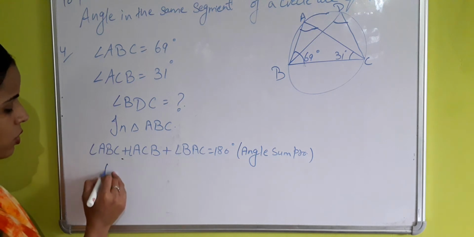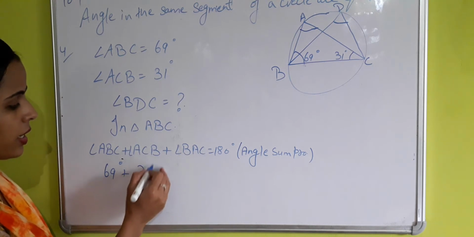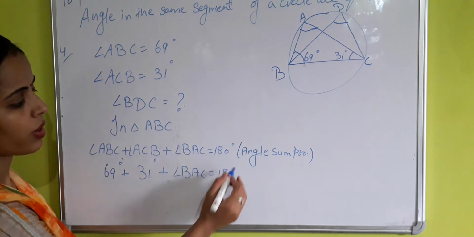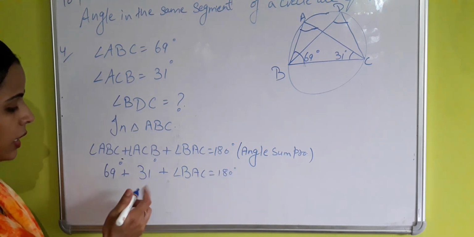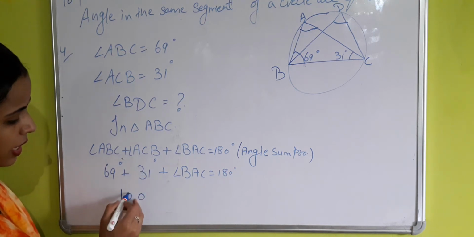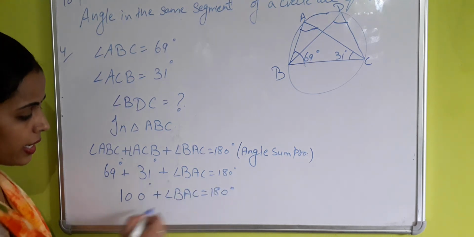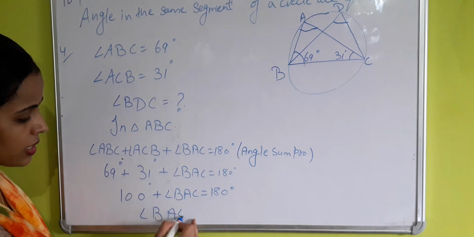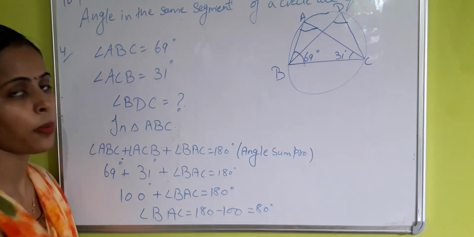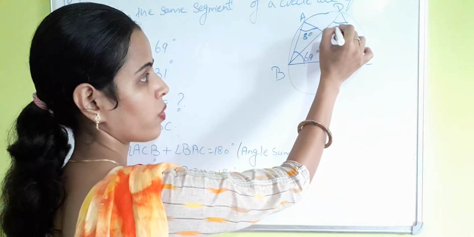Angle B is 69 degrees and angle ACB is 31 degrees, plus angle BAC is equal to 180 degrees. 9 plus 1 is 10, 6 plus 3 is 9, plus 1 is 10, so 100 plus angle BAC is equal to 180 degrees, and this angle BAC is equal to 180 minus 100, which is 80 degrees. Then this angle is also 80 degrees.